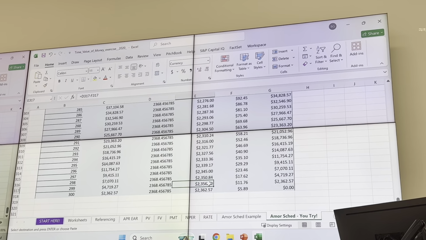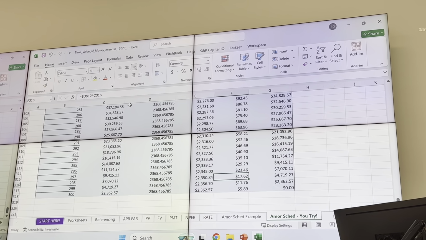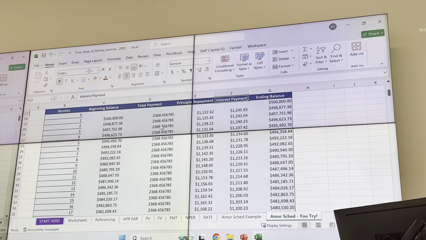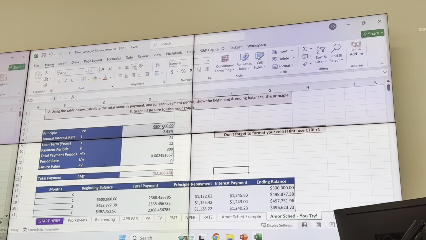Remember, look here, I did cell reference the payment for each month, the interest rate. I had to block the period. So that is about the interest payment. I went a little bit overtime. Any question with the amortization?